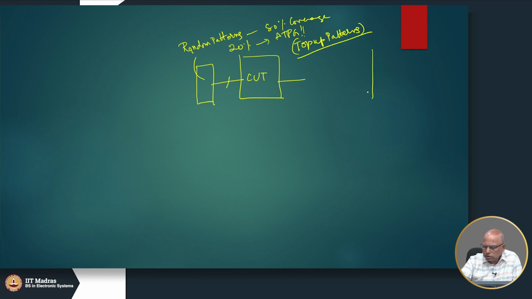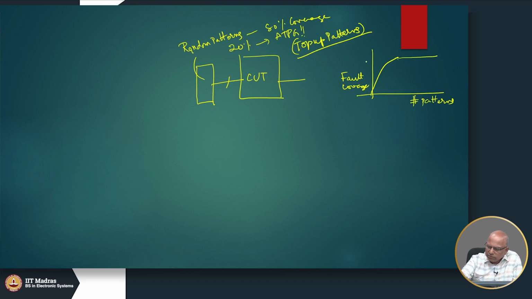I may have mentioned to you that if I plot the number of faults covered or the fault coverage with the number of patterns, initially it will go up very sharply, but after that it tends to level off. Okay.